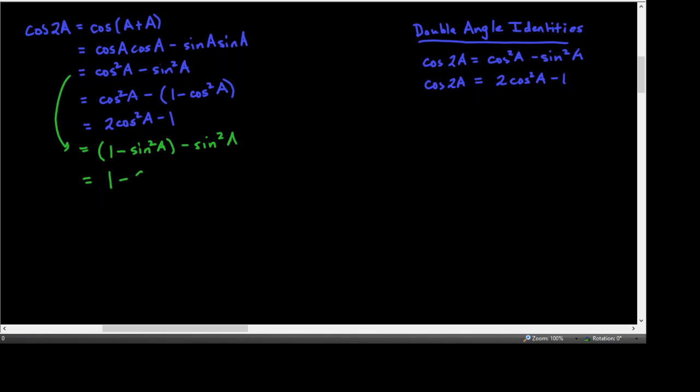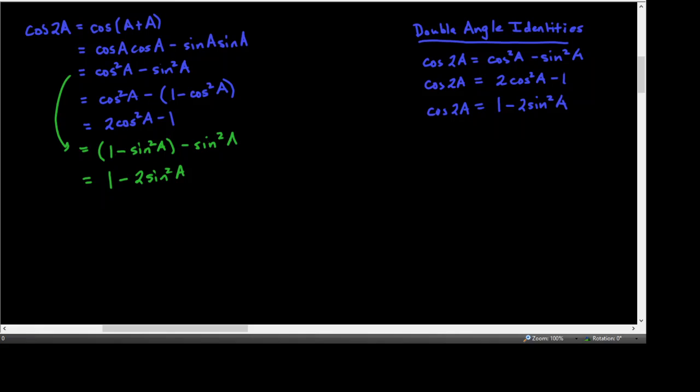And collecting like terms, you get 1 minus 2 sine squared of A. So that is the third and final version of cosine of 2A. And there are 3 of these, and we actually use all 3 for different reasons. And so these are all 3 needing to be within your ability to get and use.